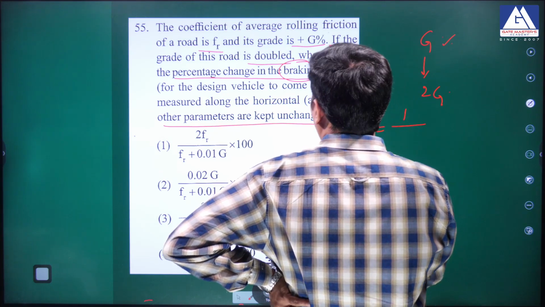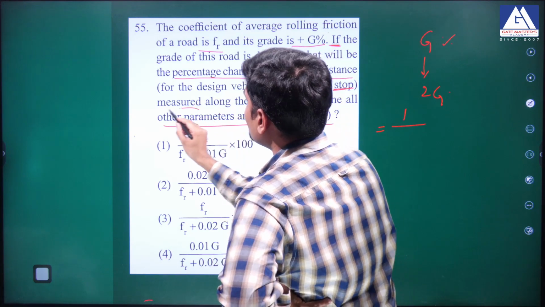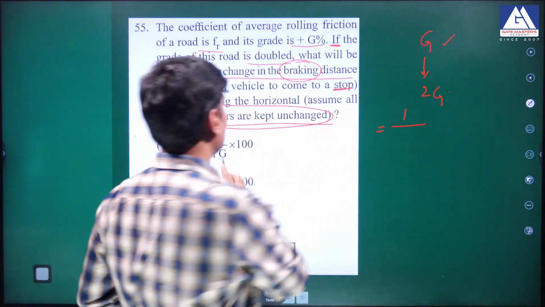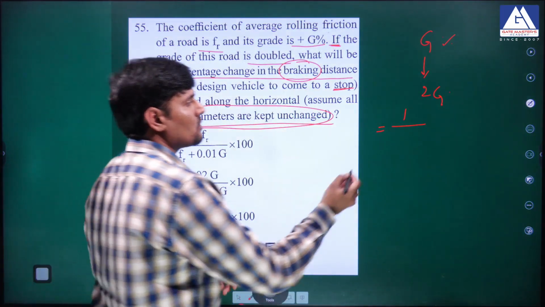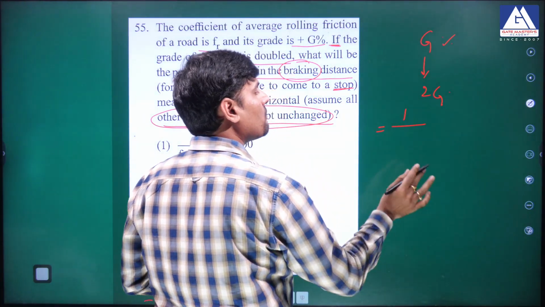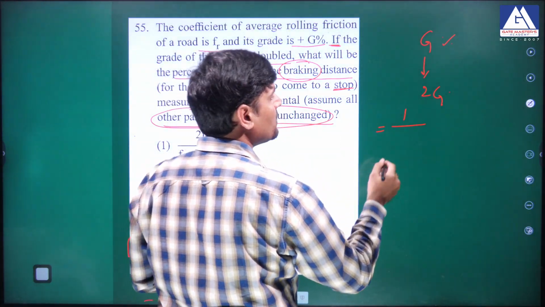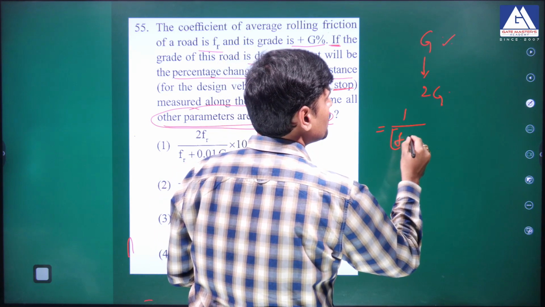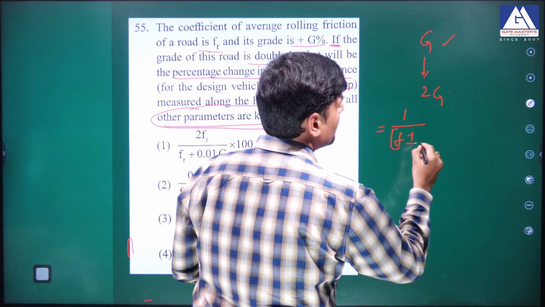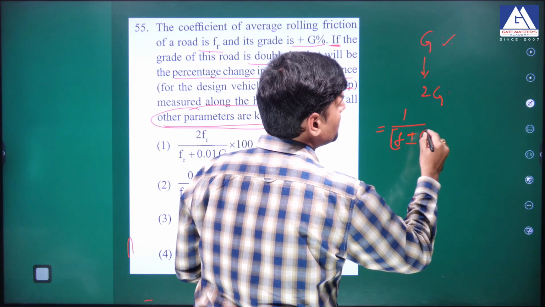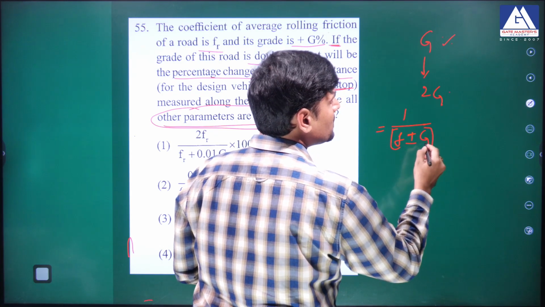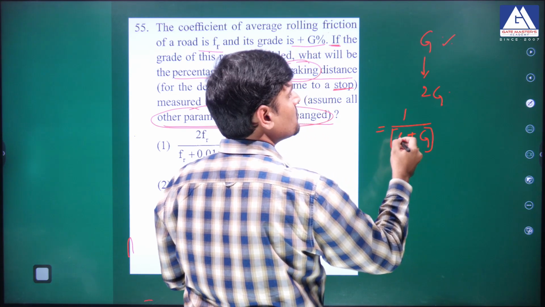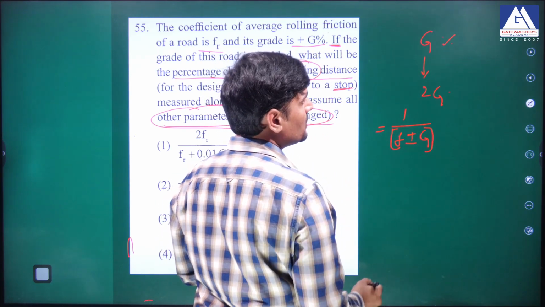Since all other parameters are kept unchanged, v square is common everywhere, that means speed is common here. So g is also common here. What is changed here is f plus or minus g, because g is being changed, therefore its friction does not change.